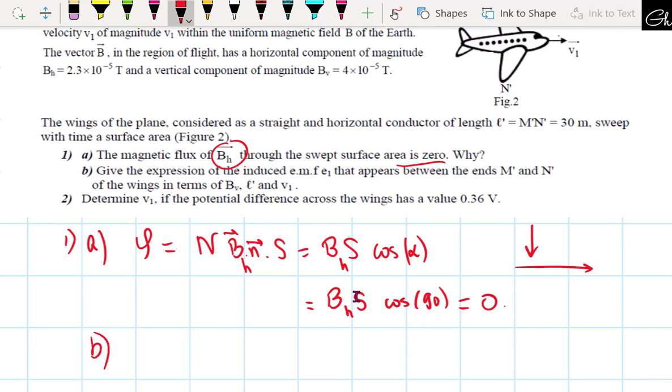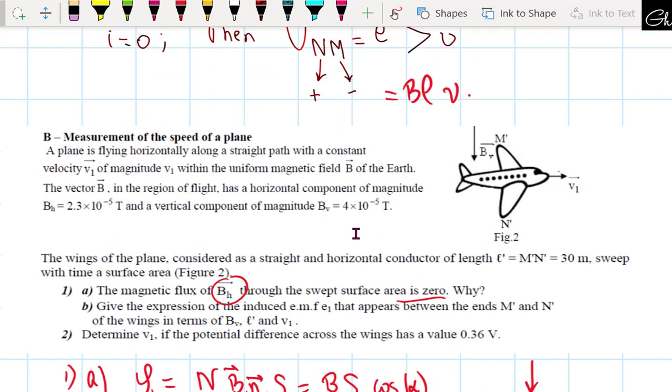Part B, they said give the expression of the induced electromotive force E that appears between these 2 points in terms of BV. So now we are just using the vertical component. Use the same formula. So the flux for the vertical component will be BV multiplied by S by cosine the angle. And as you can see here, the vertical component is directed downwards.